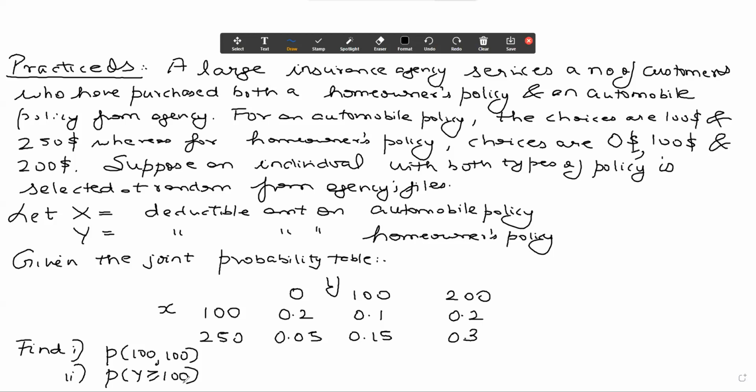Suppose an individual with both types of policy is selected at random from the agency's file, and X denotes the deductible amount on the automobile policy, and Y denotes the deductible amount on the homeowner's policy. You are given the joint probability table. You need to find these two values. So what is the probability of 100, 100? It is the probability that X takes the value 100 and Y takes the value 100. What's the probability?